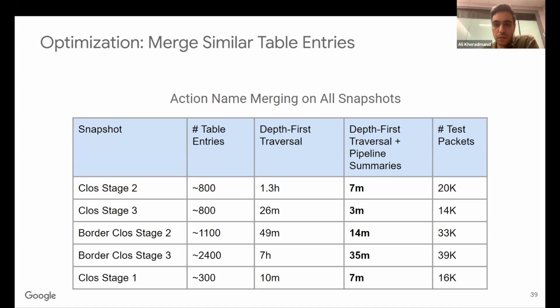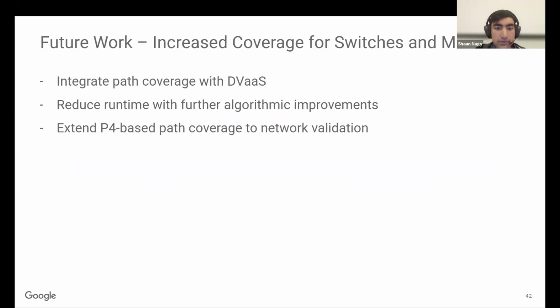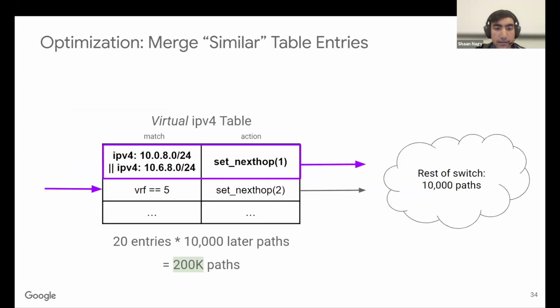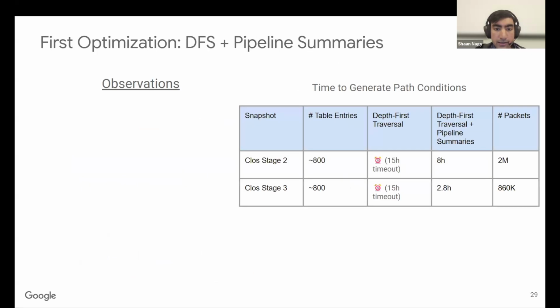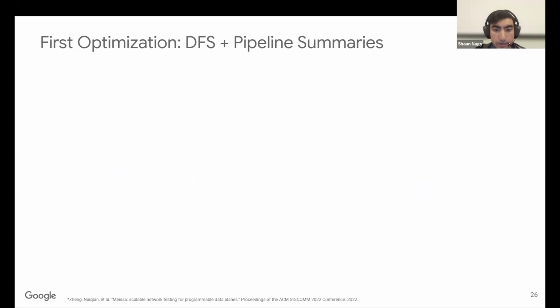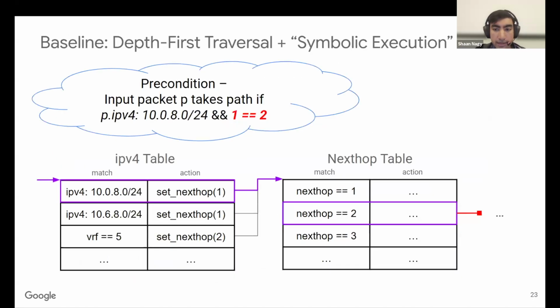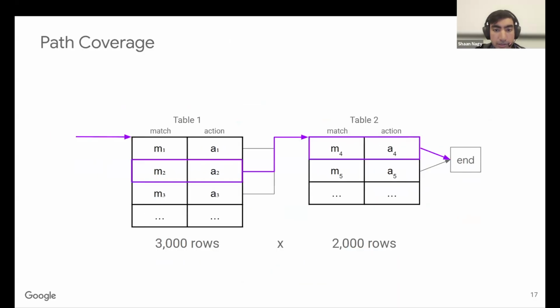Yep. So have you guys considered any other optimizations to do in the future? Yeah, there are a couple of things that we're thinking about. Let me scroll to one slide that demonstrates something like this.